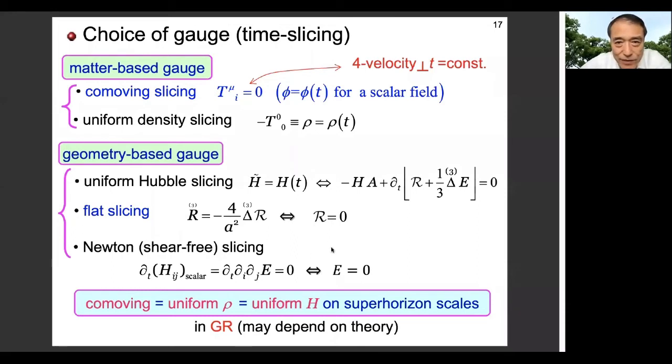Any other questions? Sorry, a short question about the flat slicing. Do we still have the tensor perturbations in this gauge choice? Yeah. Well, the uniform density slice is just, as I said, a scalar thing, from the three-dimensional point of view, and you can always define this independent of tensor perturbation. Oh yes, sorry, I mean for the flat slicing. Oh, flat slicing, yes.